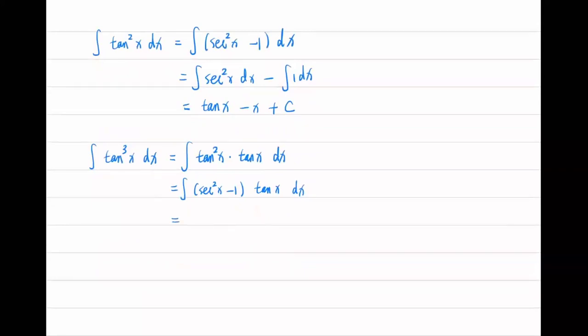So again, the integral of the difference will be the difference of the integrals. Secant squared x tangent x. For the first one, we know the derivative of tangent is secant squared, so we can use substitution.